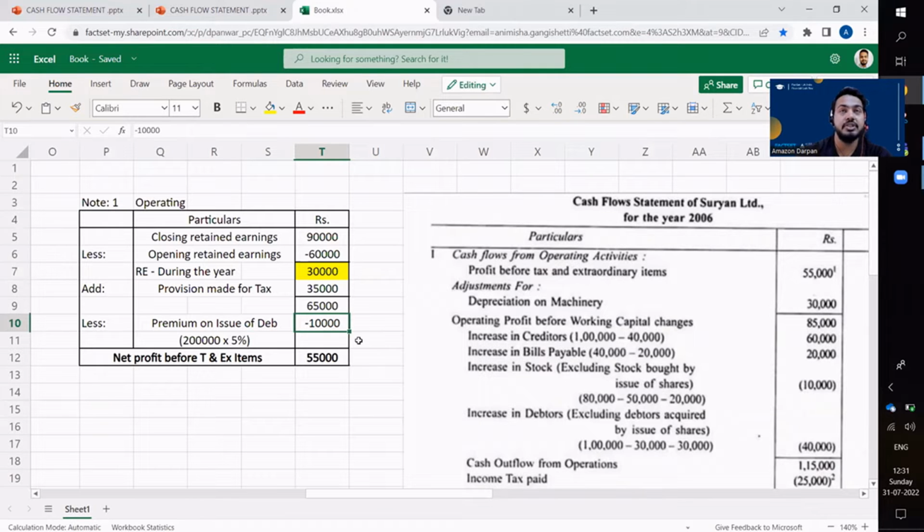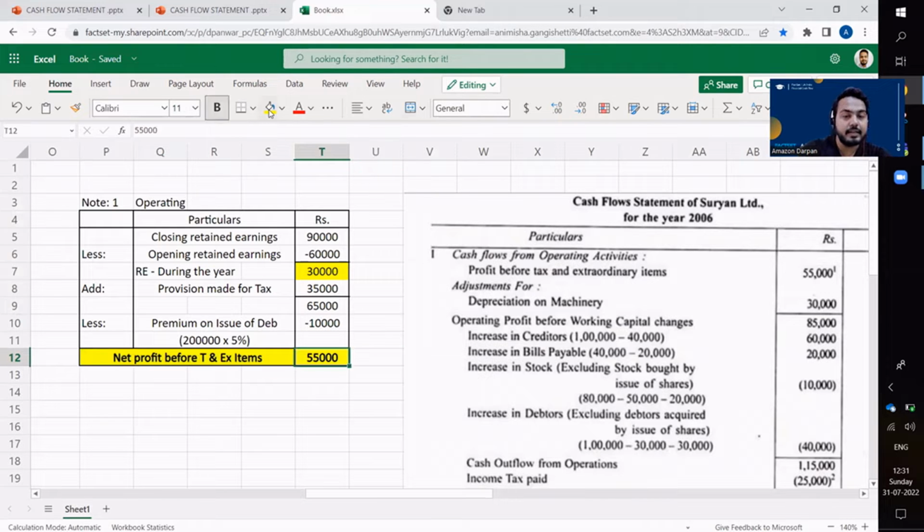Issuing debentures is a financing activity, and if you are issuing debentures and receiving premium, that is not something we can add to the operating cash flows we are presenting. So we have to reduce that amount.